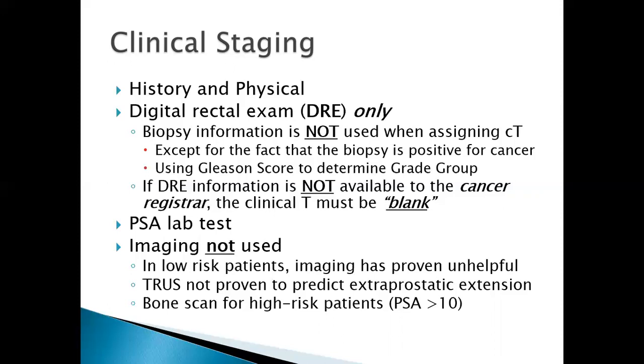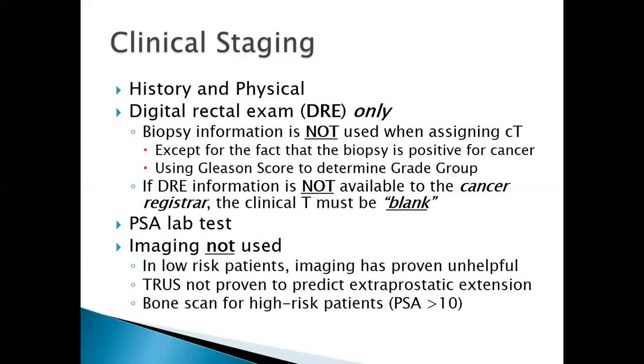Now, when I say that biopsy information is not used when assigning clinical T, that doesn't mean that you're not using the fact that the histology of the biopsy was positive, okay? Yes, you're using the fact that the biopsy was positive, but beyond that, you're not going to use any other information, whether it's in one side of the prostate or the other or both, okay?